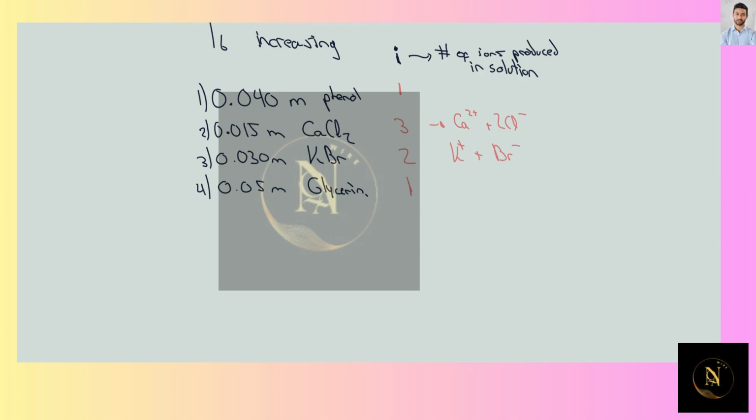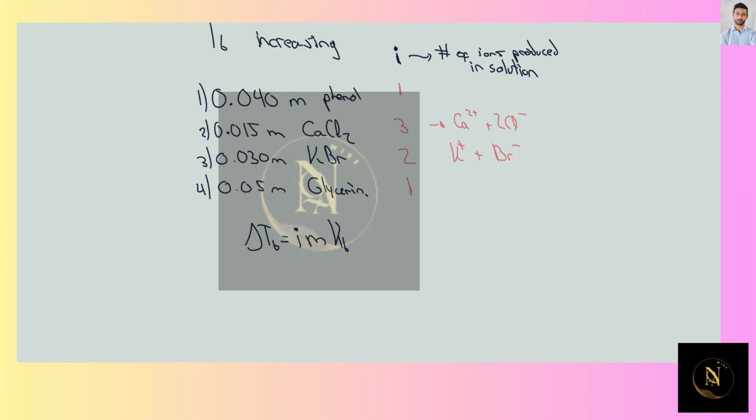Next, the other thing that we know is that the change of boiling point for a solution with respect to the pure substance is equal to the molality times a constant times the Van't Hoff factor, where the constant is the boiling point elevation constant.